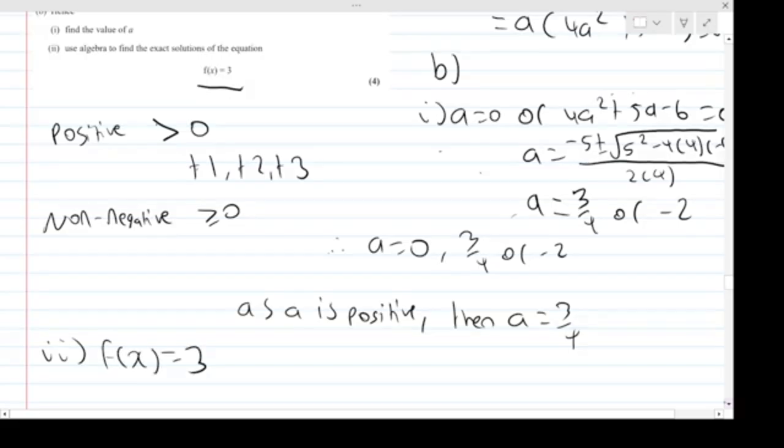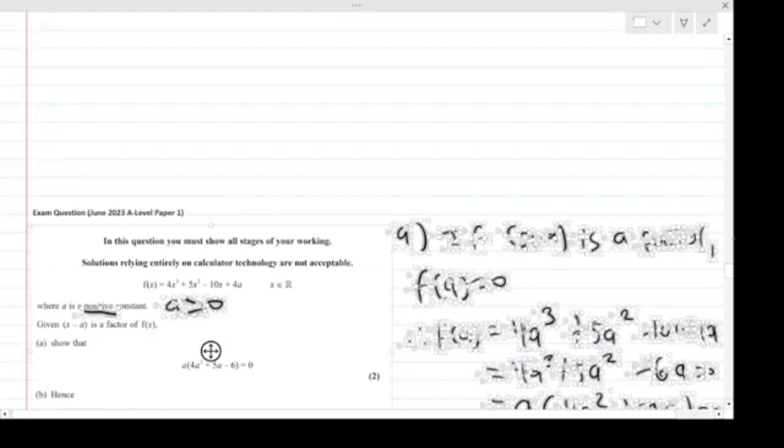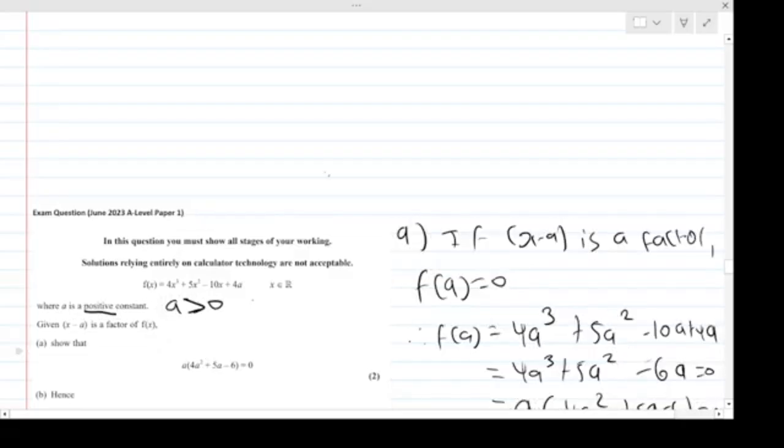Okay, well now that we found a, then we can substitute that into f of x. Well, remember, f of x had a 4a at the end there, so we can substitute that a in.